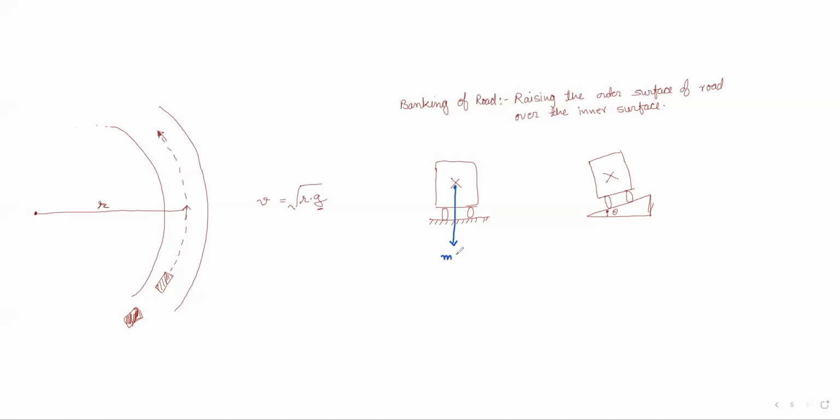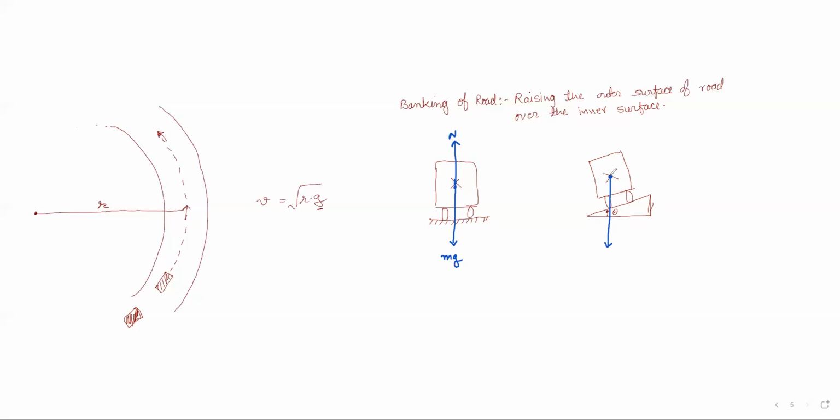This was the weight mg, which was correctly balanced by the normal reaction from the surface, which we call N. But in this case, the weight mg is still very much acting vertically downwards, but this time it is not balanced by the normal reaction itself, but by one of its components.